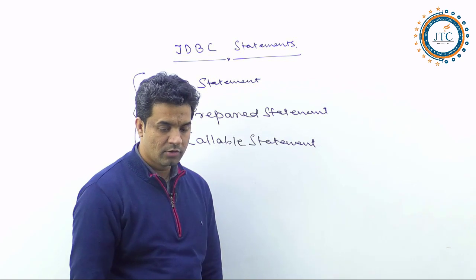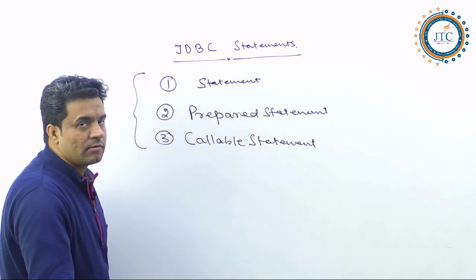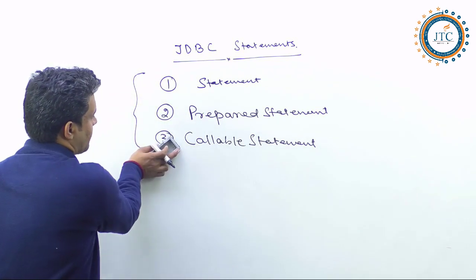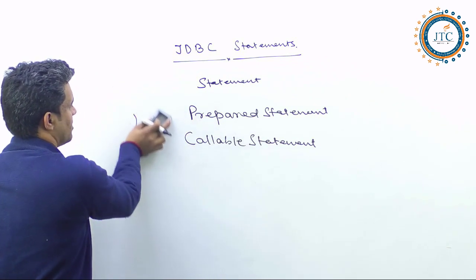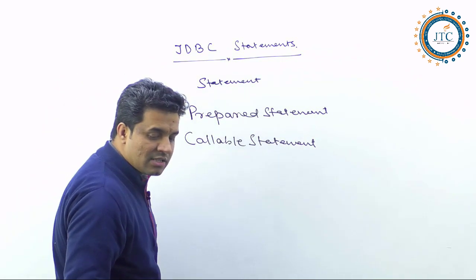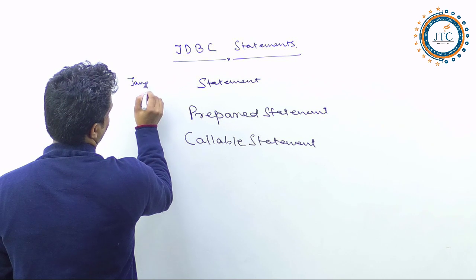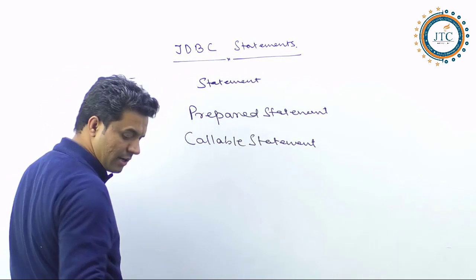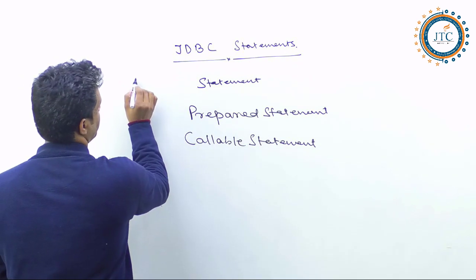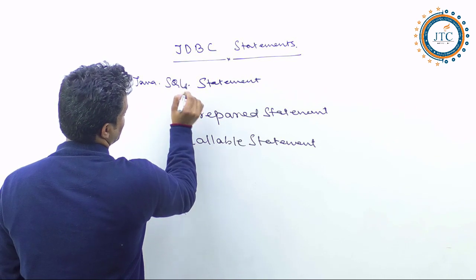Okay, well now. So we have these three types of statements. One more thing I am adding in front of these three types of statement here. Just have a look. This is available under the java.sql package.